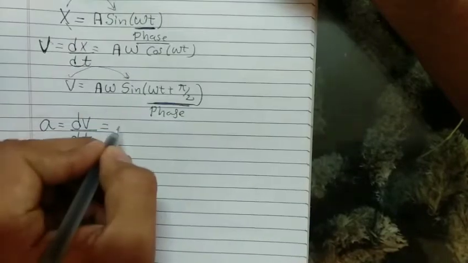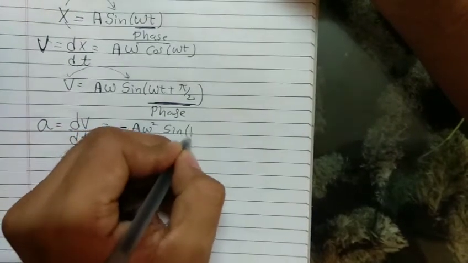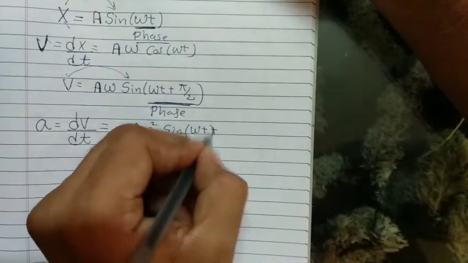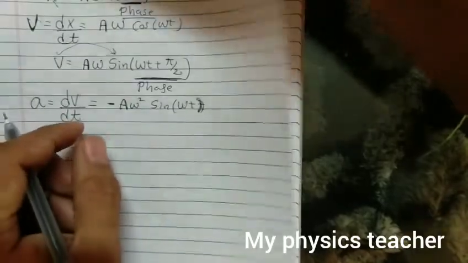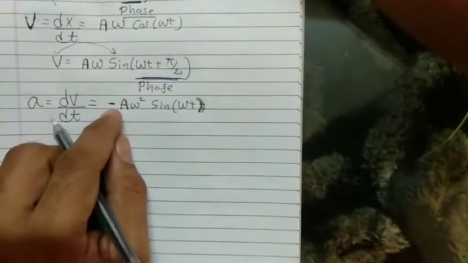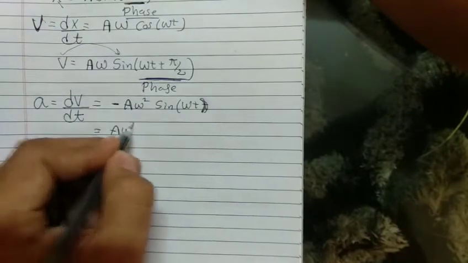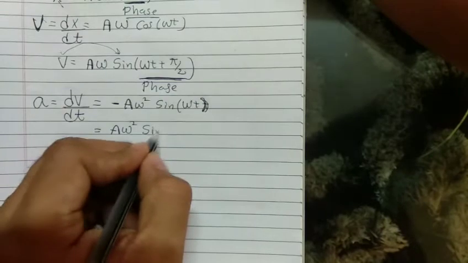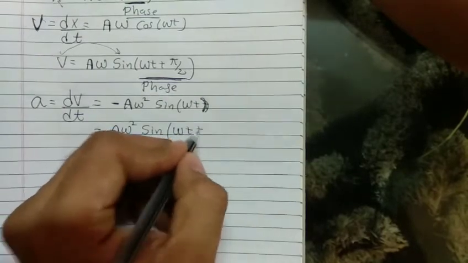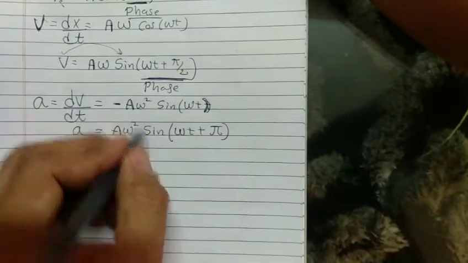So it comes minus a omega square sine omega t. This is the acceleration. Now here minus sine omega t can be written this way, sine of omega t plus 180, that is pi.